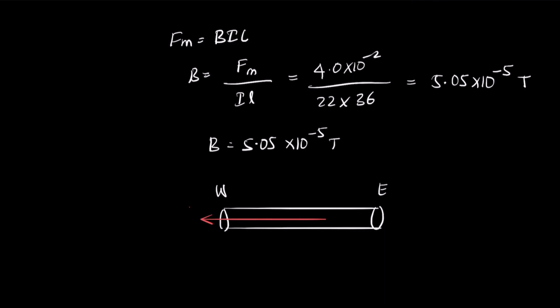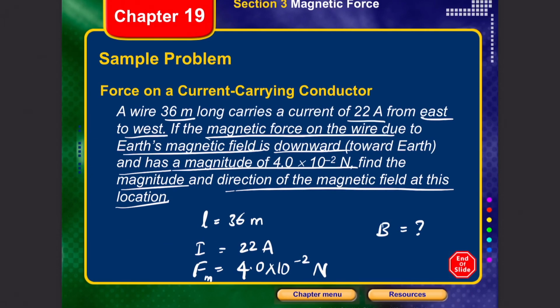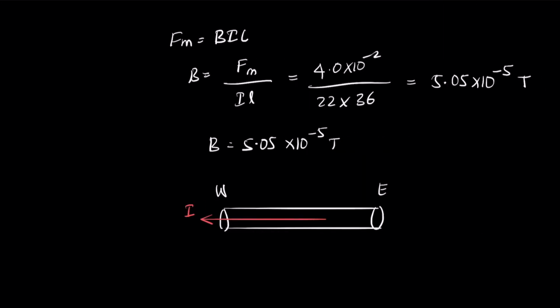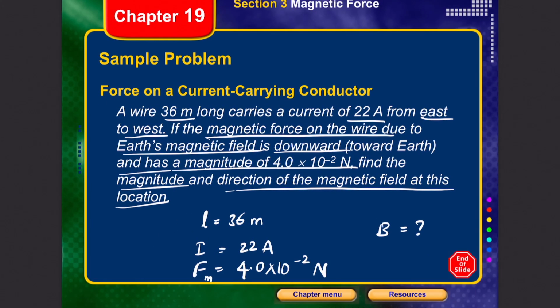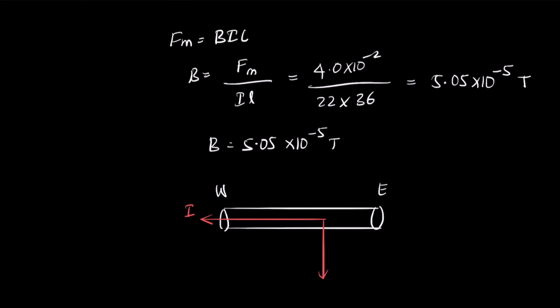So this is the current I. Now what is given here? The magnetic force acting is downward. So this is Fm, and Fm is downward.